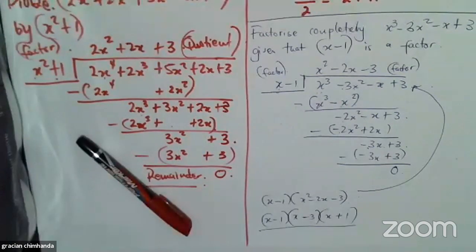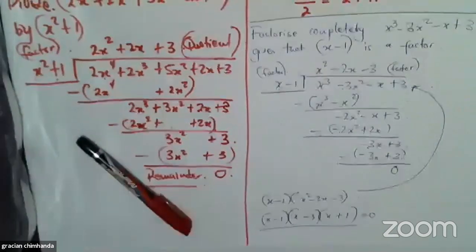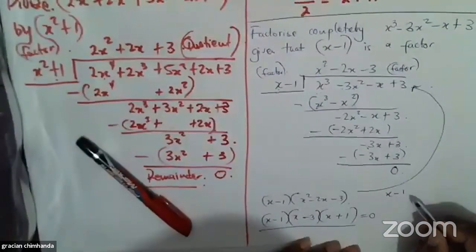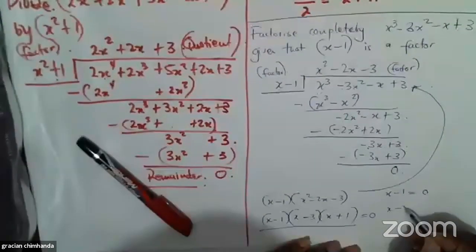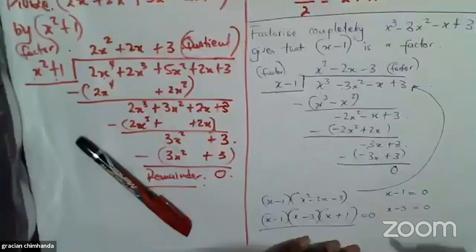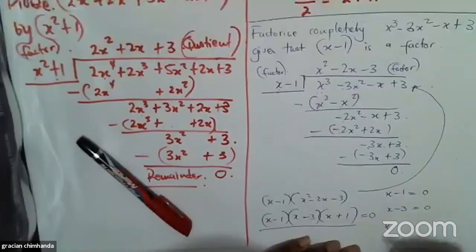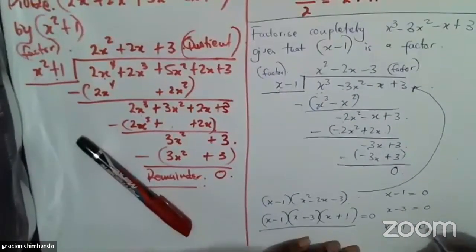Let's say they said solve. By solving, it means we would say this is equal to 0. Then x minus 1 is equal to 0, and x minus 3 is equal to 0, and x plus 1 is equal to 0.